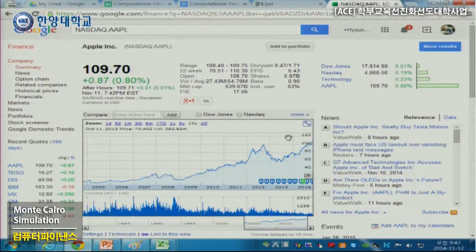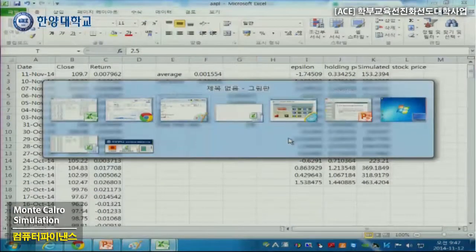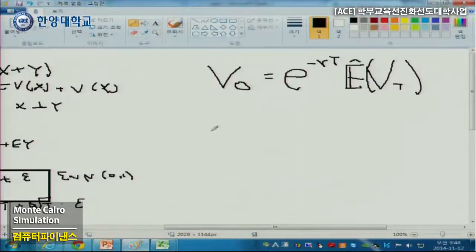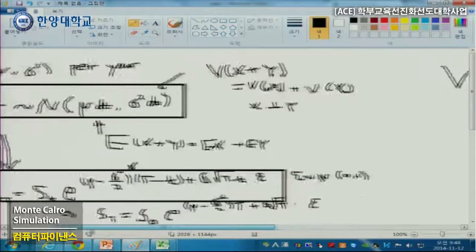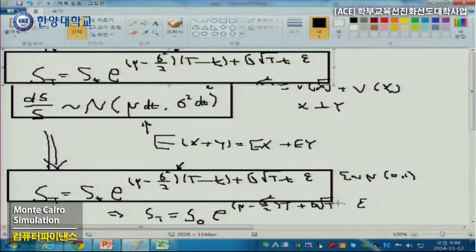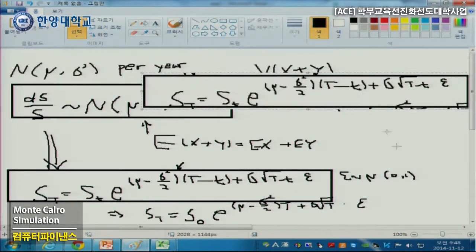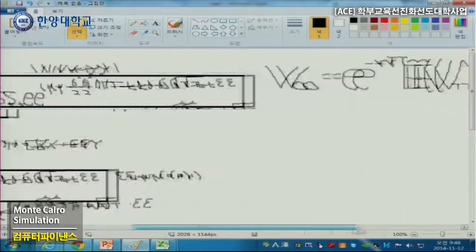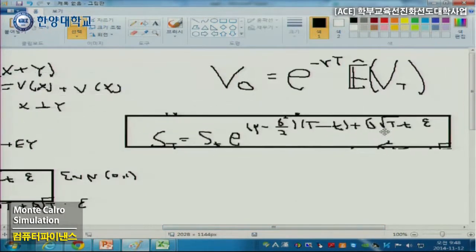So in this scenario, in the risk-neutral world, we have to modify this one slightly, and we can only modify this part. Okay?